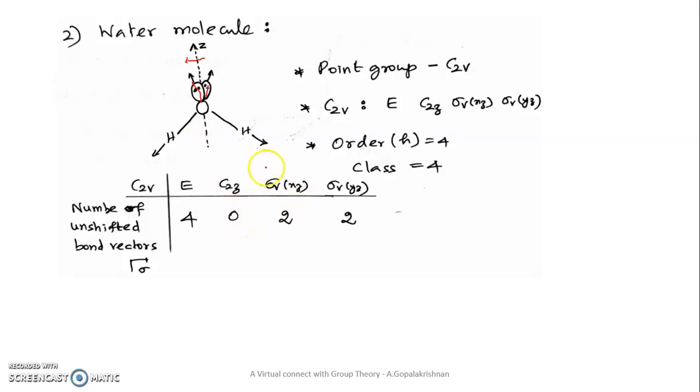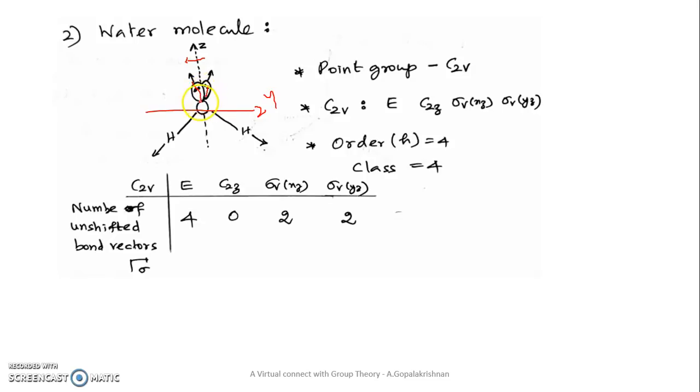Then what is sigma Vxz? Listen, the x-axis is perpendicular to the screen. This is the y-axis. Y and z are in the plane of the screen, and the x-axis is perpendicular. So if you keep a plane passing through x and z, that plane passes in between these 2 hydrogens, and it passes through these 2 lone pairs. Correct?